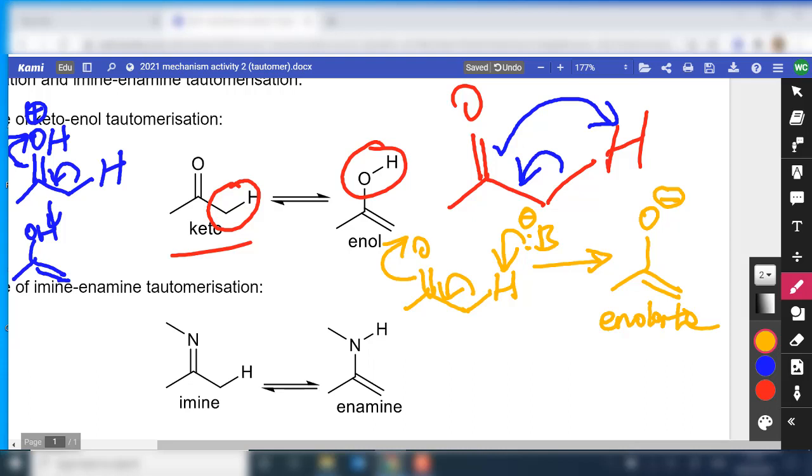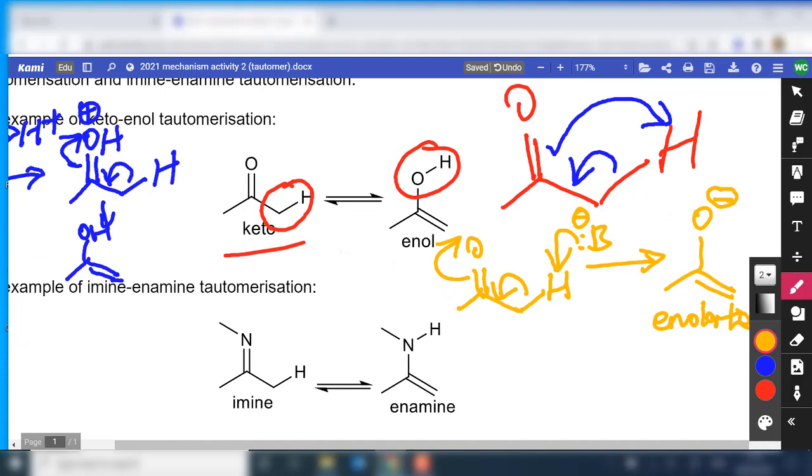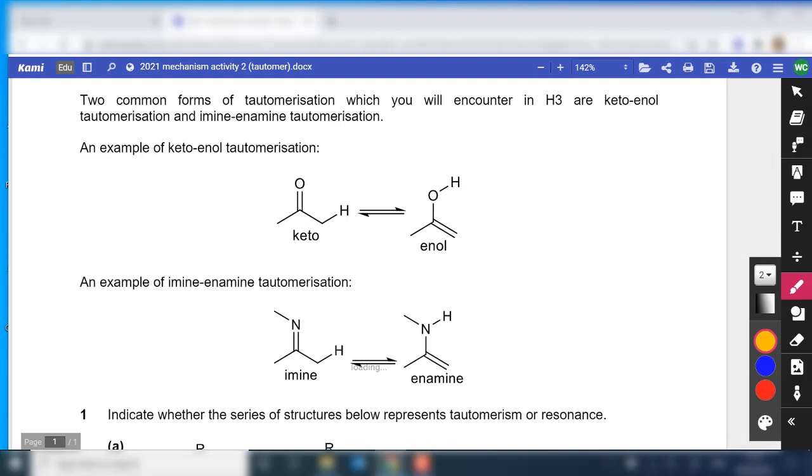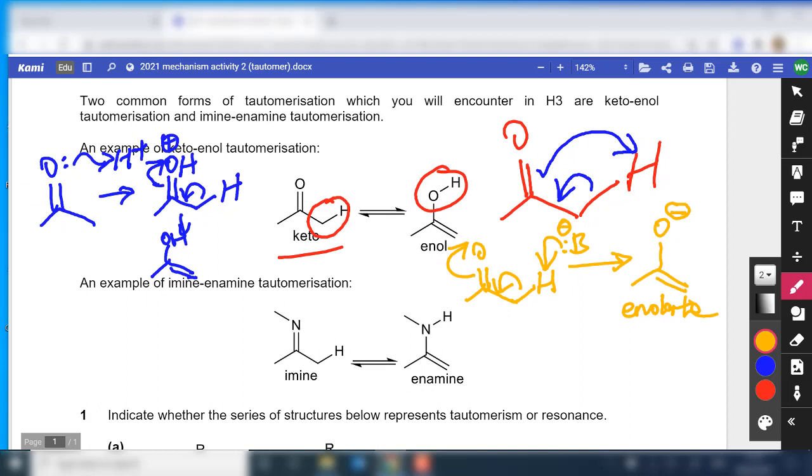Okay, so this is just a very short introduction to the keto-enol tautomerization. So they do not just happen without the presence of acid or bases. Okay, I mean they do happen if there are other factors stabilizing their formation.